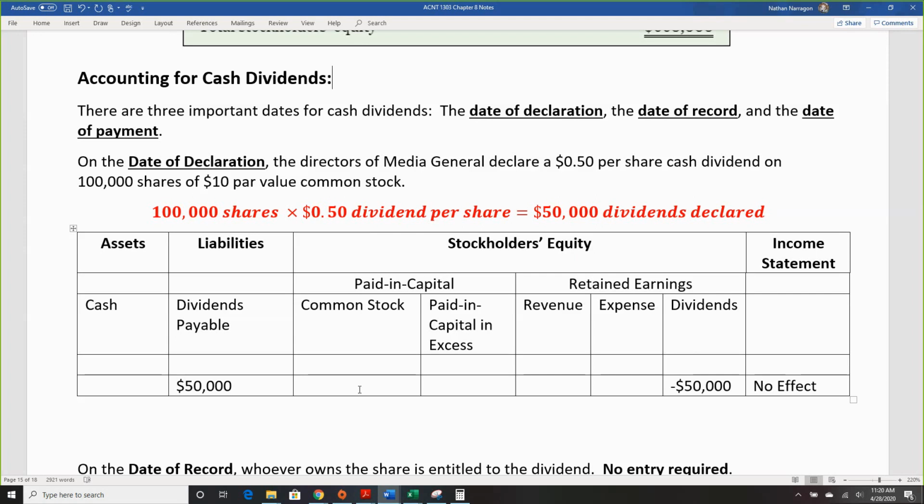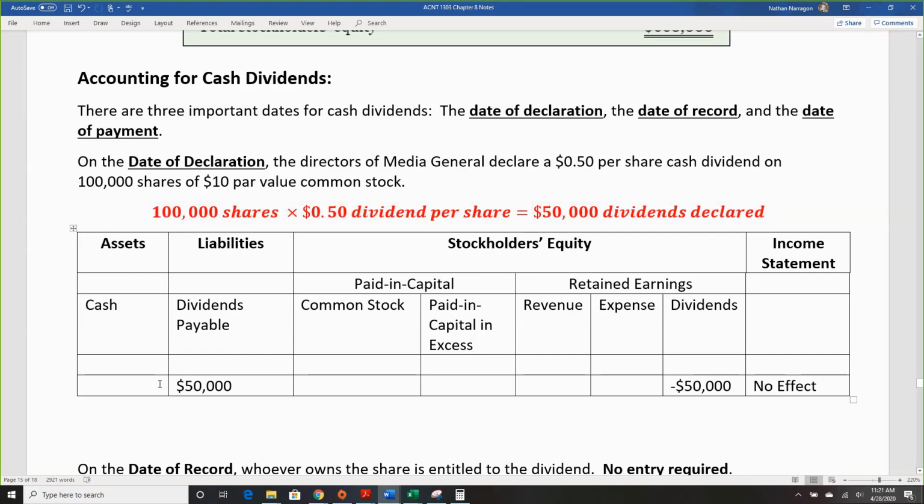So it's our job to calculate how much dividend you have. Well, again, just like we've done with stocks, take the shares times our dividend per share of 50 cents, and we find out that we have 50,000 dividends that the board of directors just declared. Now, since it's date of declaration, we have not paid anything, but the company has to recognize how much dividends are being paid.